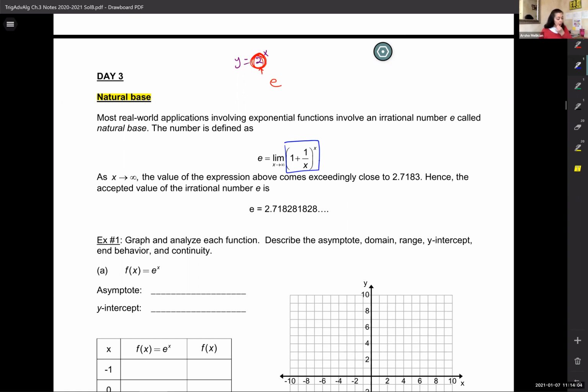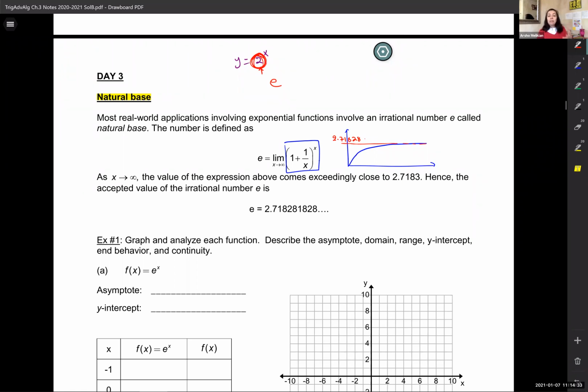We graph that in the blue box, and when you graph that function, it looks like this, where it increases very slowly and then it levels off. And it just so happens that the point where it levels off is always the same number, 2.71828, blah, blah, blah. It's a non-ending number.